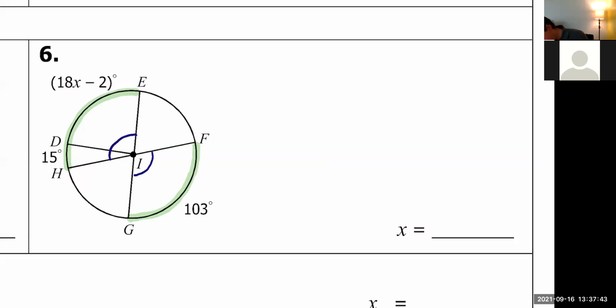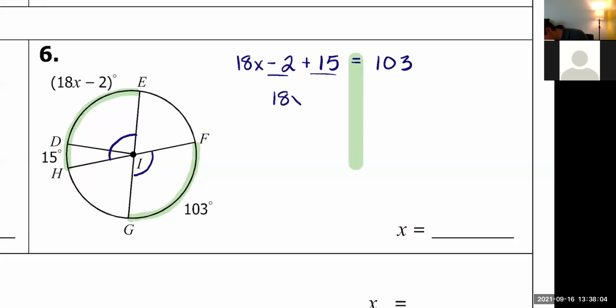So I should end up getting 18x minus 2 plus the 15-degree angle should equal 103 degrees. Combining like terms, I get 18x plus 13 equals 103.